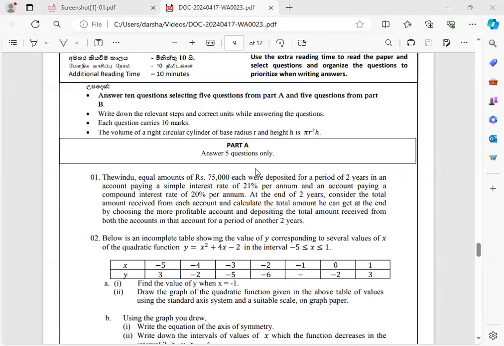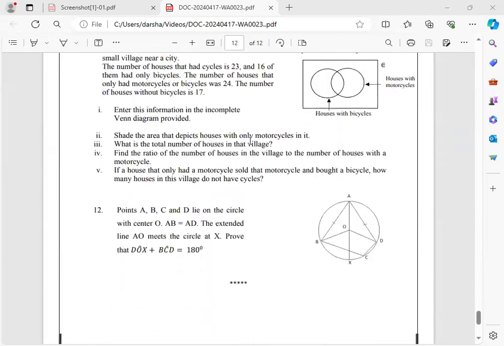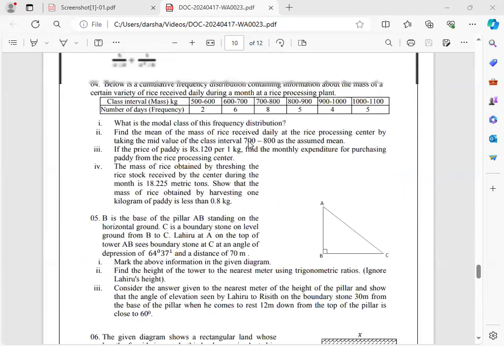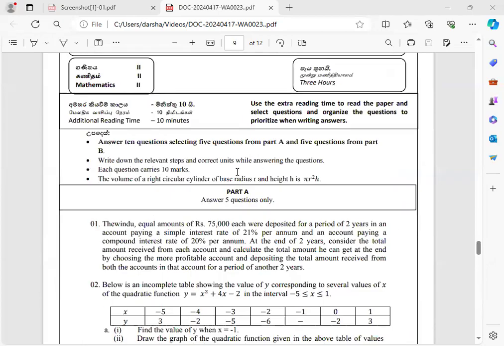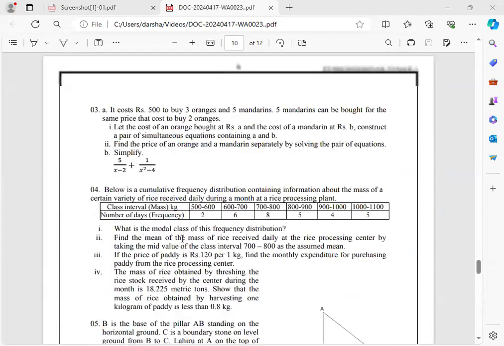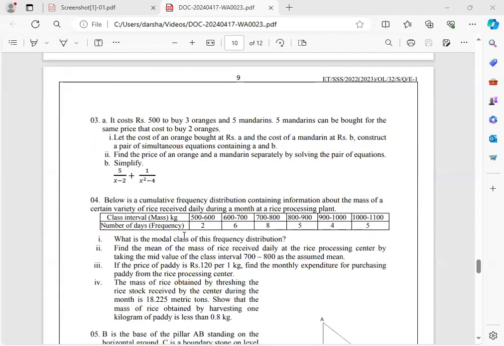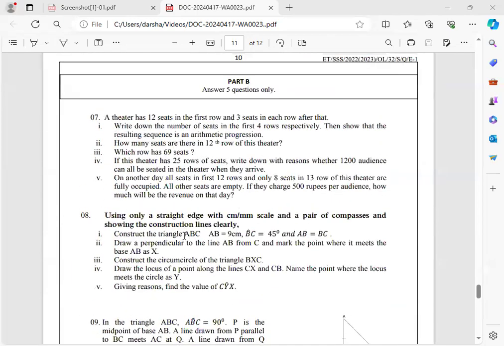Those 12 questions have been divided into two sections, part A and part B. In part A, there are 6 questions, and out of these 6, you have to answer 5. Similarly, in part B also there are 6 questions, and out of 6, you have to answer 5.